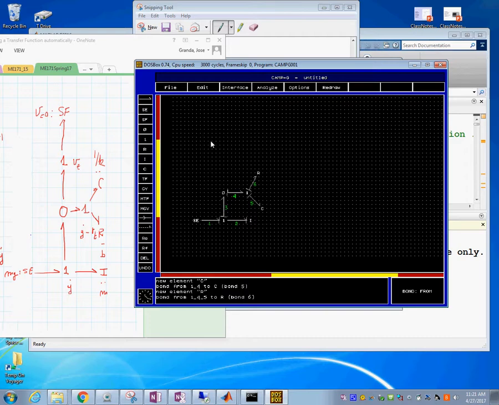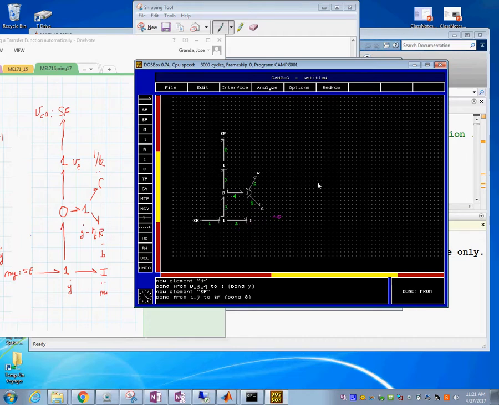And then we have a 1, and then you have the SF, like that. Okay, this is exactly like we have the bond graph model on the left hand side. Now it's in the CAMG software.